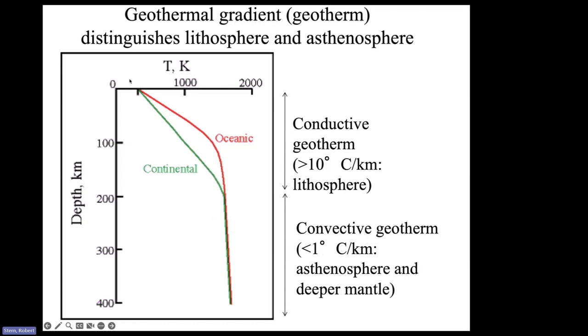And up near the surface, it's greater than 10 degrees per kilometer. And we can argue that the oceanic geotherm gets hotter faster because it's just younger, and the continental one is more like that.